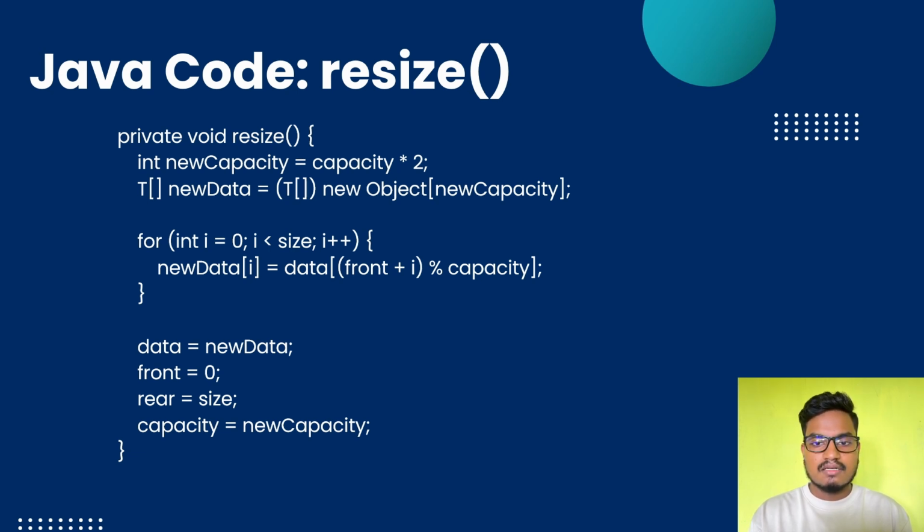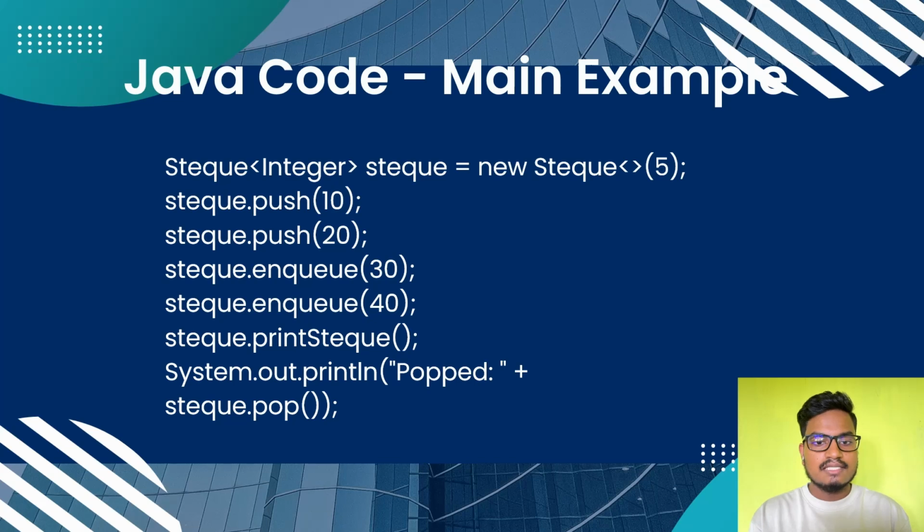Example. Now let's walk through a real example and see how each operation affects the structure. Push adds to the front, enqueue adds to the rear, pop removes the front, and everything runs in constant time, O(1).